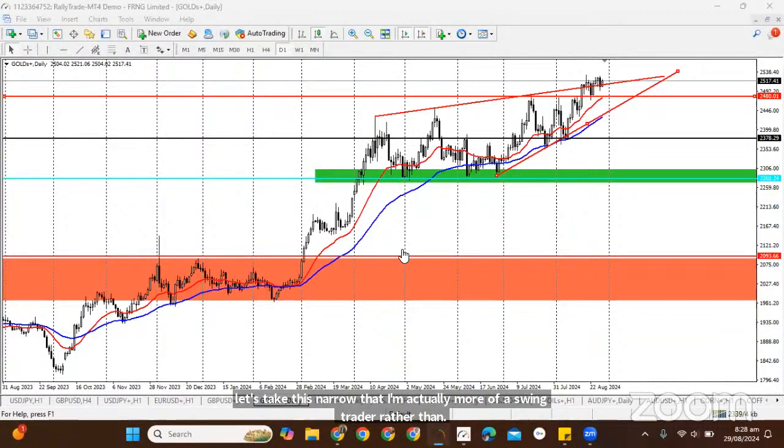So let's take an instance whereby I picked a trade and my lot size is 0.05 and I'm expecting the trade to hit the resistance in the next 2, 3, 4 days. And currently I'm on a loss of maybe 25, 30,000. Now, there is an amount I have in mind that I'm willing to lose for a trade.